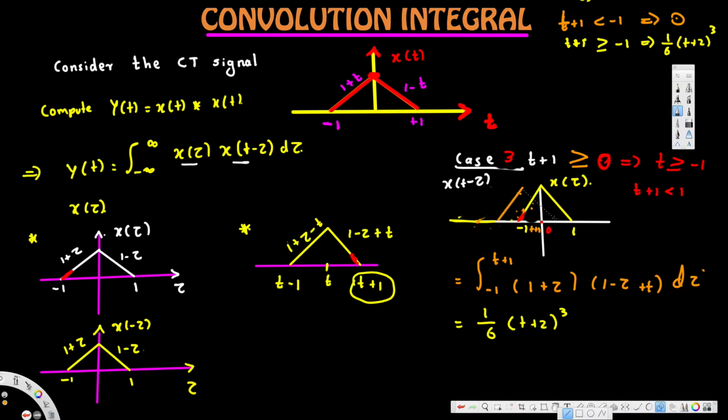And let's relabel everything. Okay, so this is 1, this is t plus 1, and this one is 0, and here we have, let's say, this is t.